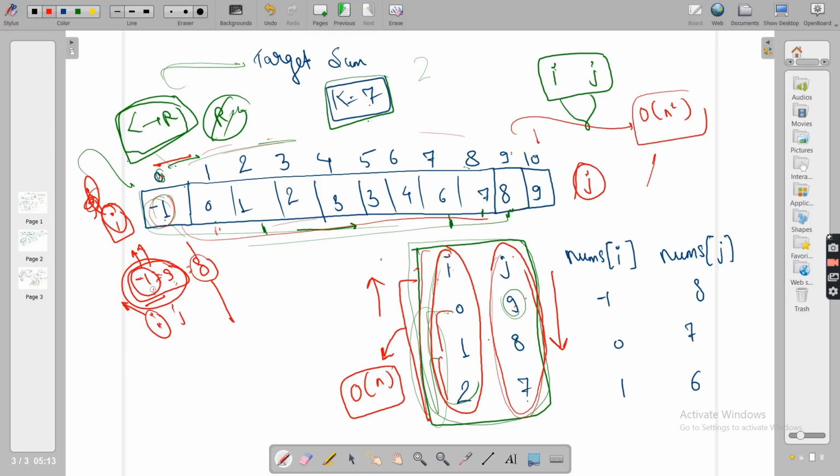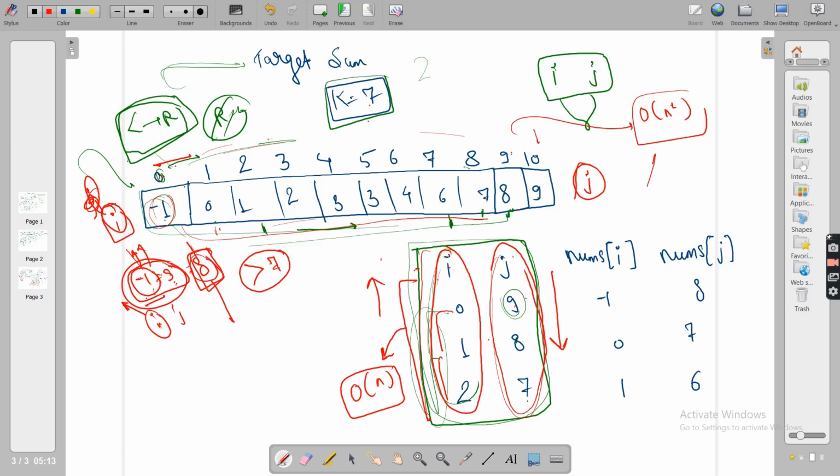So -1 and 9, you got this: when the sum of these i and j is greater than 7, if I increase this i index, I know the sum will be increasing from 8 to 9, 10, whatever that may be.